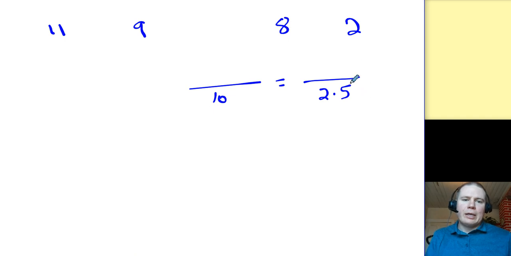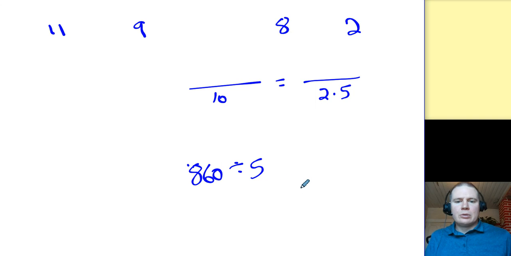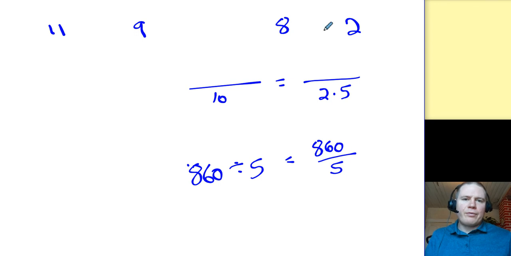Now, I use that all the time to divide by 5. If I take, say, 860 divided by 5, I can't do that in my head. I can do the long division, maybe even in my head, but I have to really concentrate. But 5 times 2 is 10.